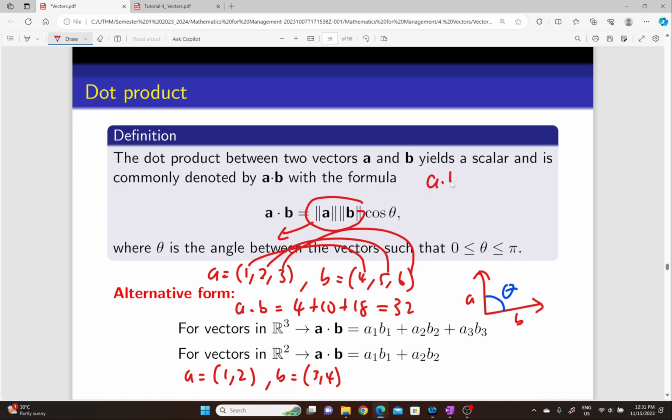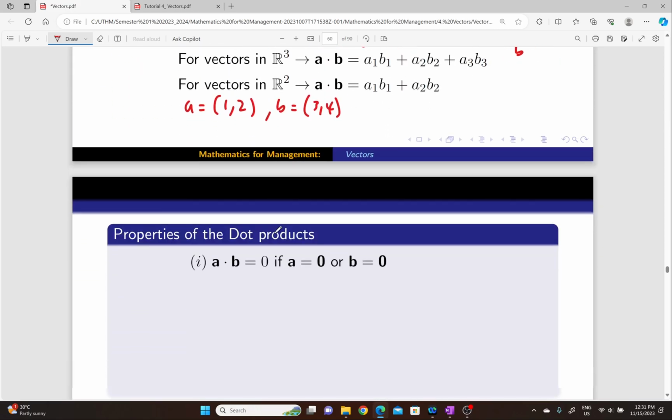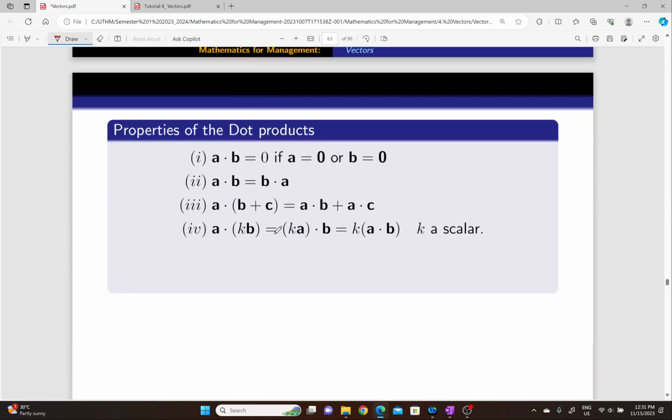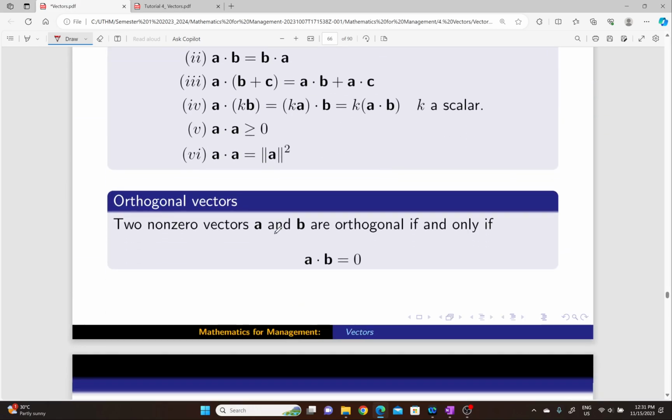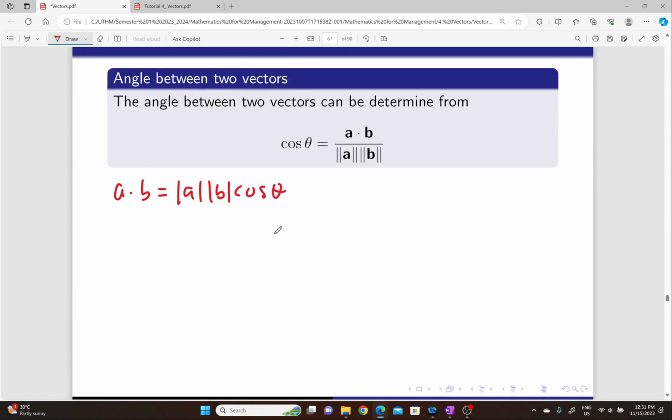We write it like this, that is equal to cos theta. We are getting the same formula, just rearranged. It's not two formulas here. When we rearrange, we get this formula here. This is to determine the angle between two vectors.